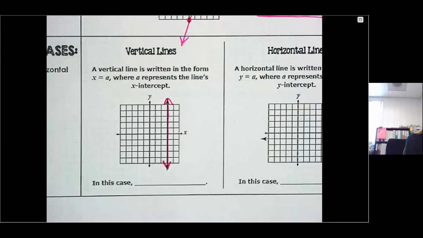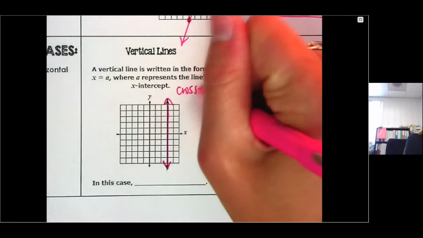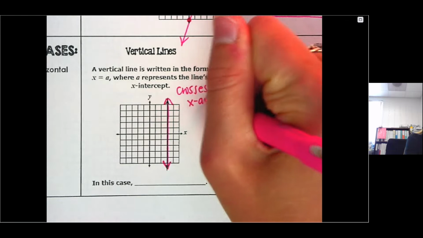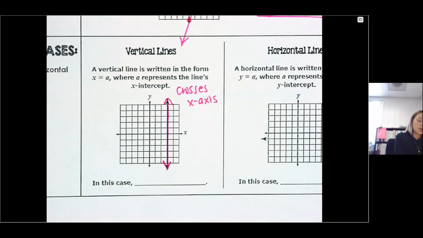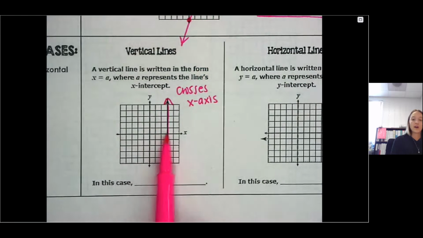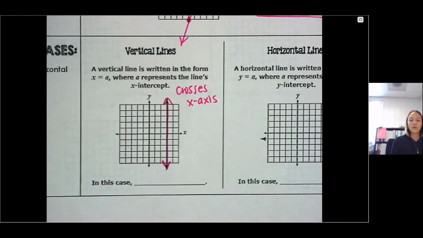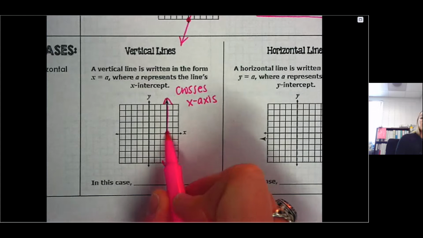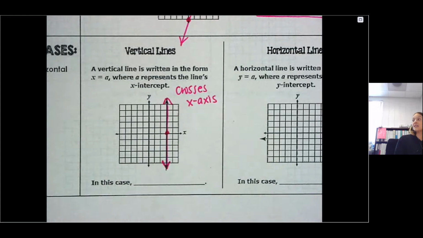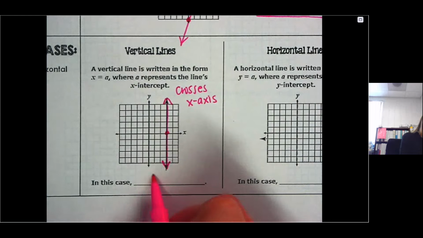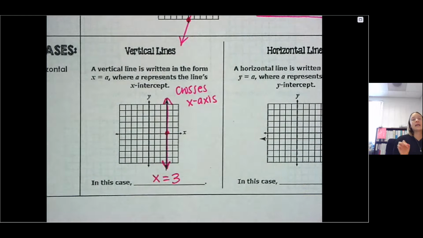This one crosses the x-axis. And at what number on the x-axis does it cross? 3. Good. So because it crosses the x-axis, my equation is x equals 3. That's an easy way to remember. It touches the x-axis.